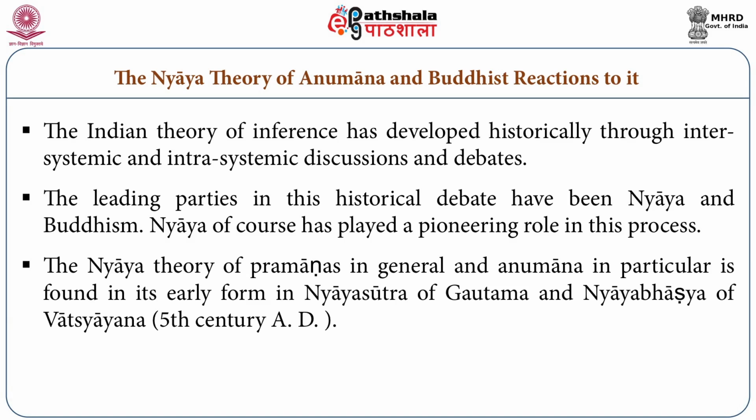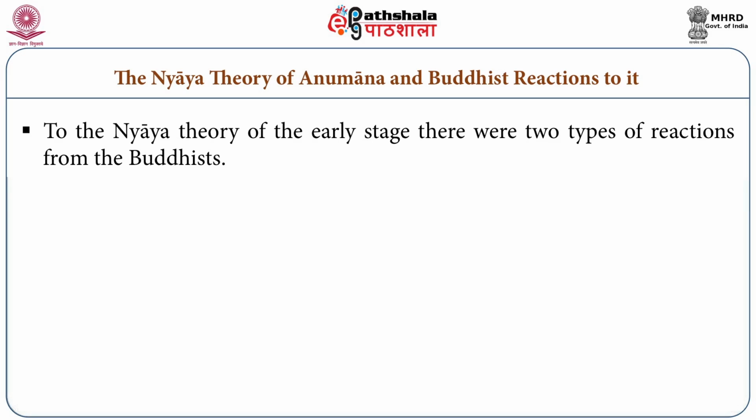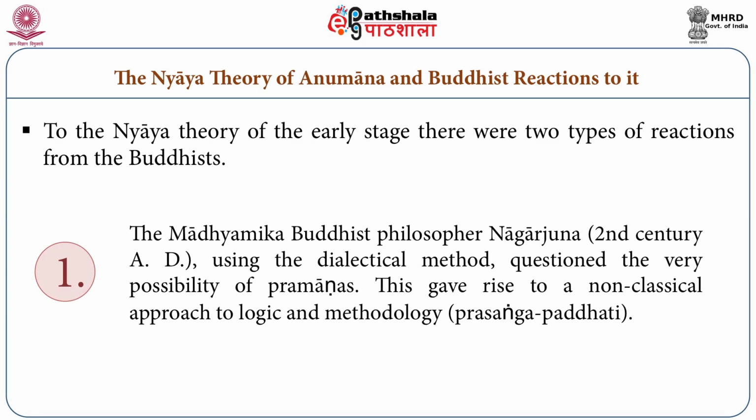The Nyaya theory of pramanas in general and Anumana in particular is found in its early form in Nyaya Sutra of Gautama and Nyaya Bhashya of Vatsyayana. To the Nyaya theory of the early stage, there were two types of reactions from the Buddhists. The Madhyamika Buddhist philosopher Nagarjuna, who belonged to the 2nd century, using the dialectical method, questioned the very possibility of pramanas.